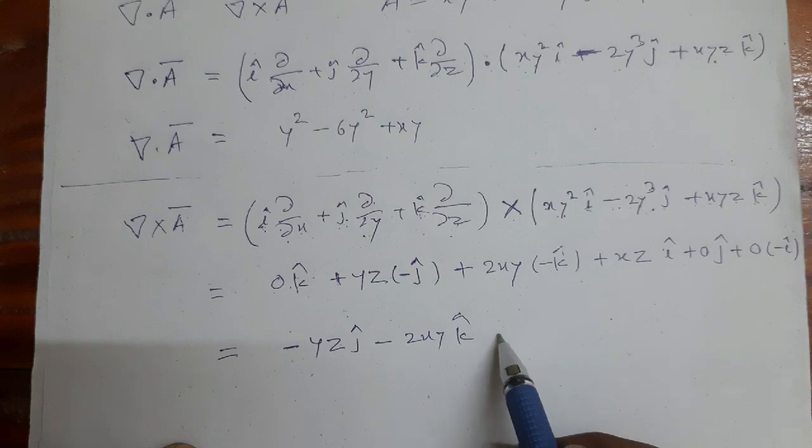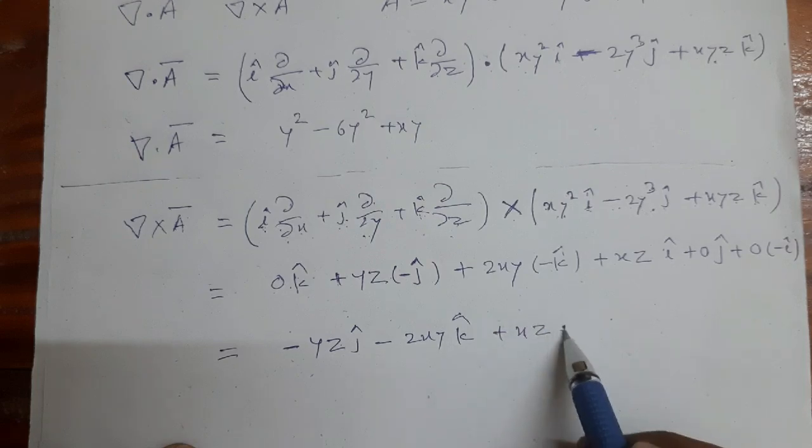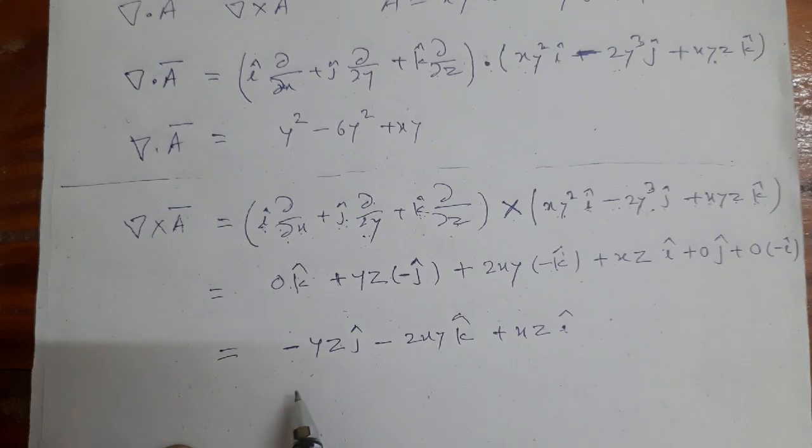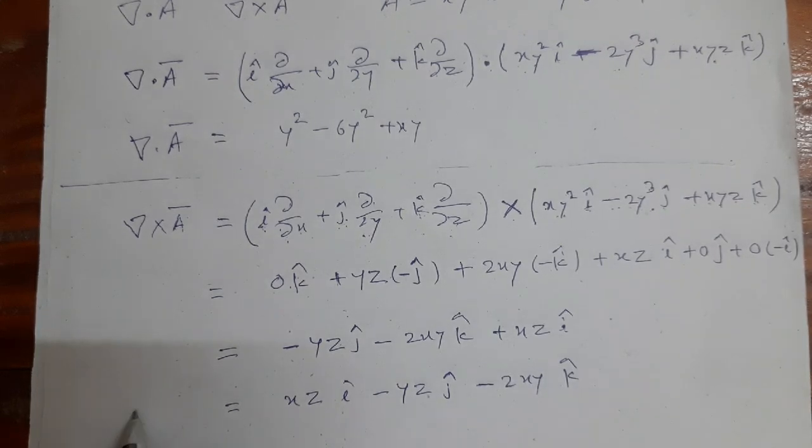Then here it is plus xz i cap, and these two terms are obviously 0. And then rearranging in the order of unit vectors, that is i j k, I can write it is xz i cap minus yz j cap minus 2xy k cap. This is one way, and this is nothing but curl of A bar.